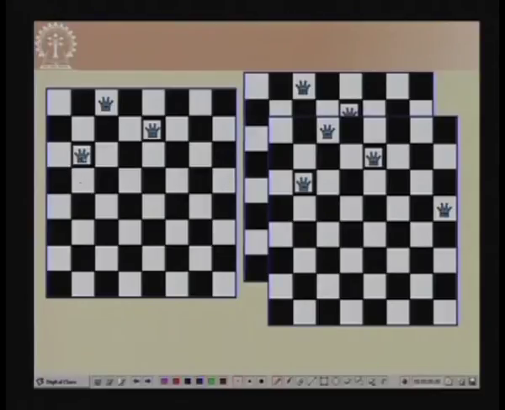We cannot keep the queen here because it will be attacked by this one. We can keep the queen in this position. We cannot keep the queen here because it will be attacked by this queen. We cannot put the queen here because it will be attacked by this queen. We can put the queen here. So this state has two successor states.